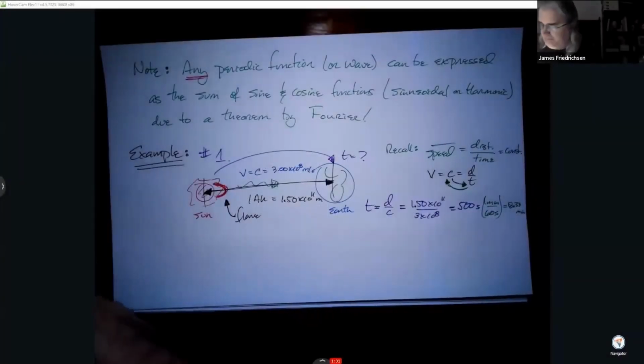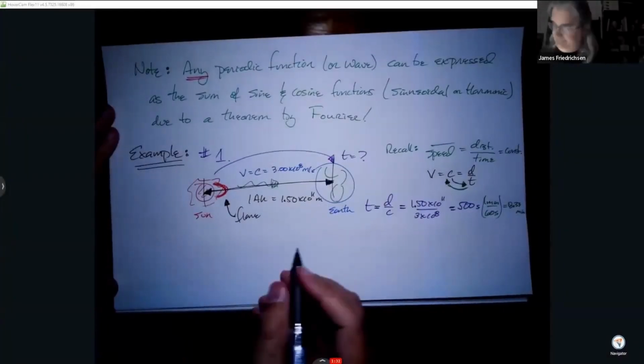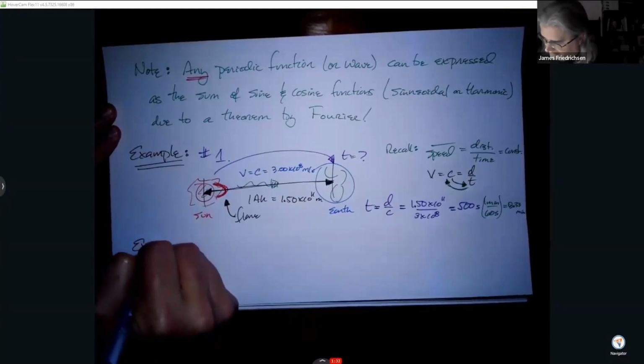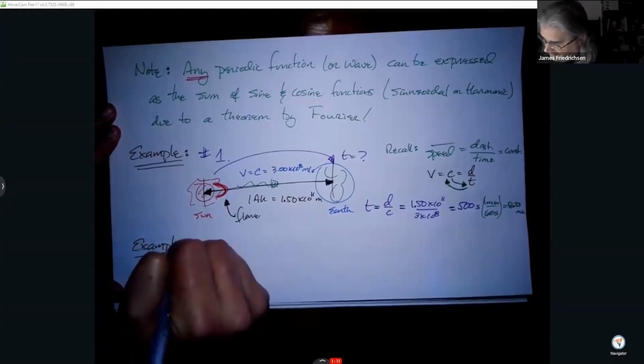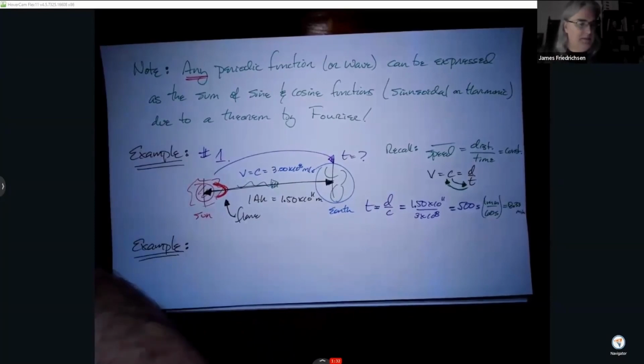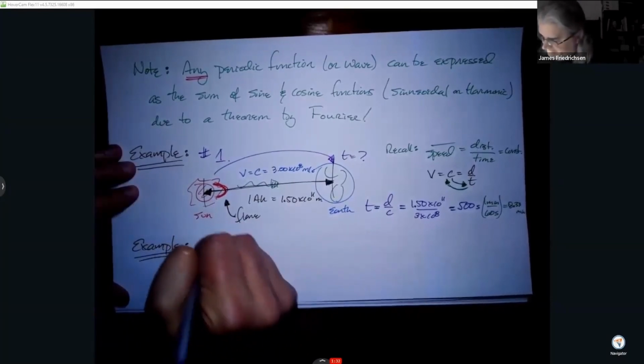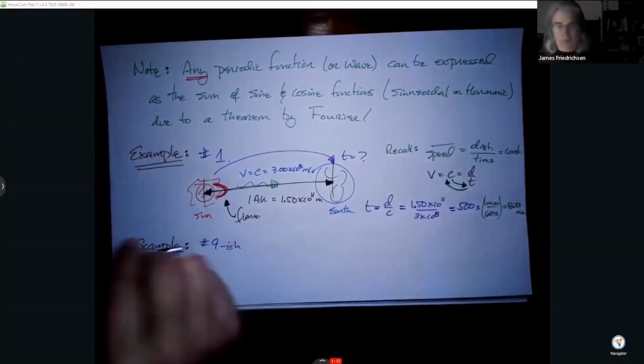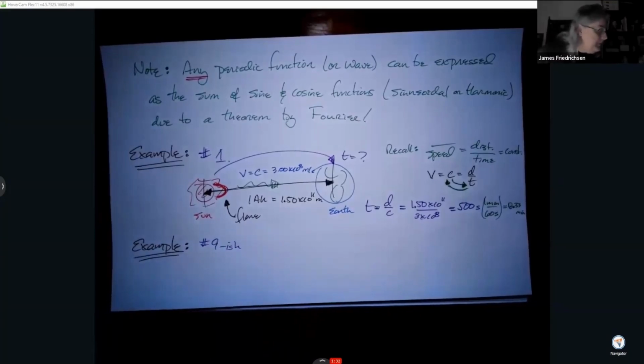Let's do another example. Take a look at one kind of like number 9. So number 9 reads, for visible light, it says the wavelengths of visible light ranges from 400 nano to 700 nano.